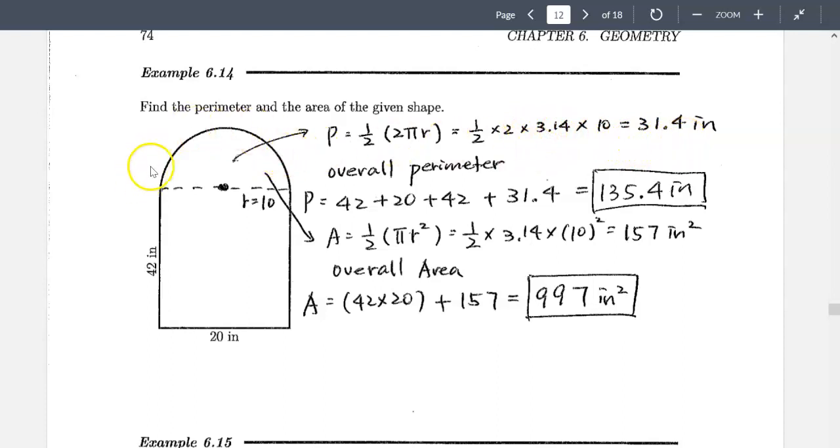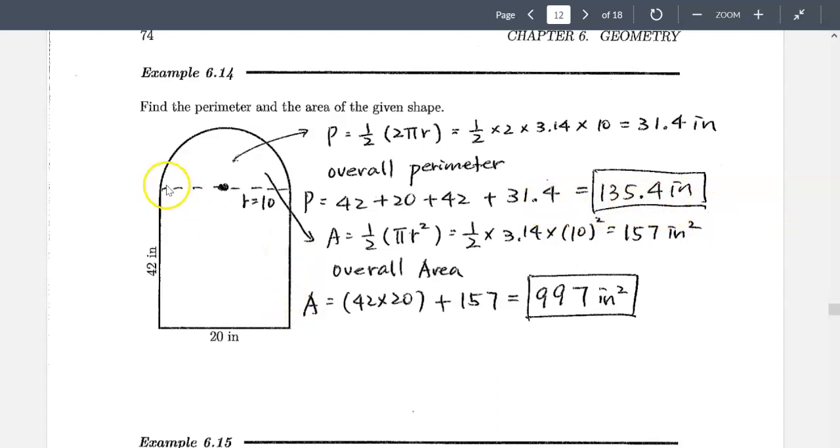That's the perimeter of this top half of the shape. And the perimeter for the rest of it is 42 down, 20 across, and 42 up. So 42 plus 20 plus 42 plus the semicircle circumference on top, half the circumference, 31.4, together is 135.4 inches.